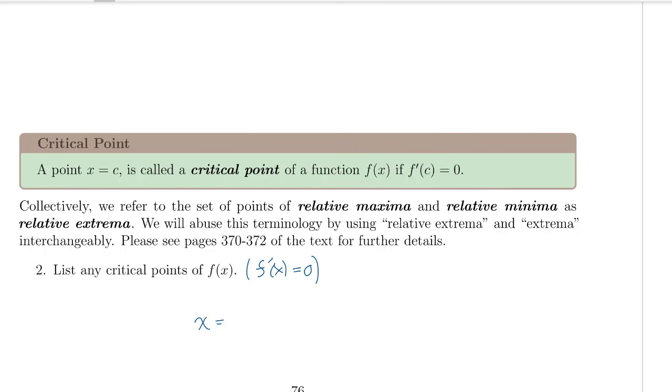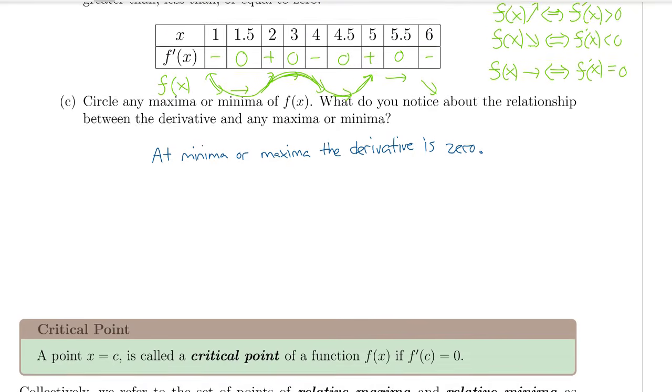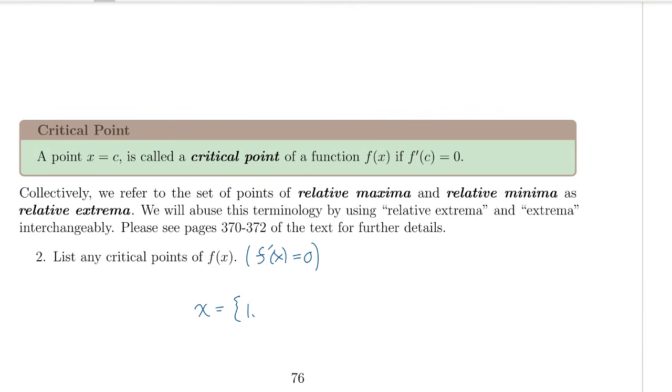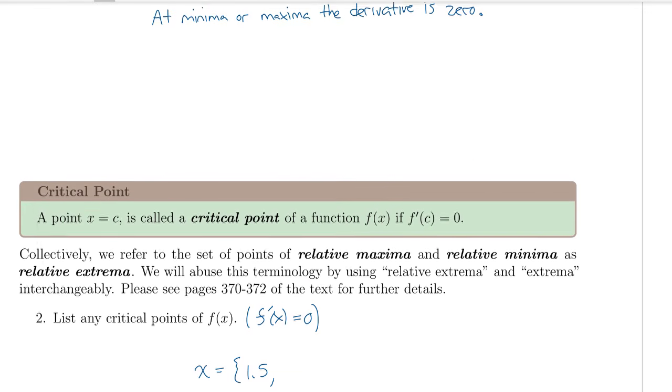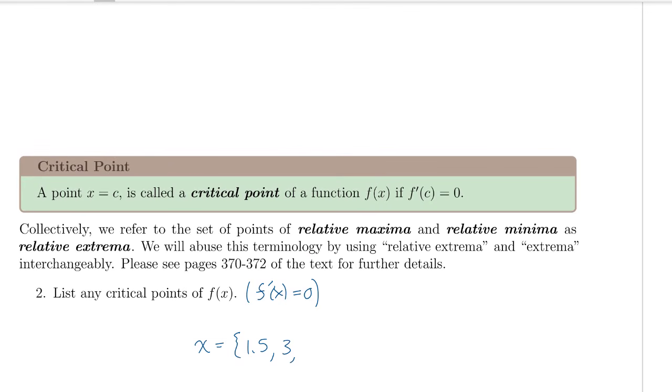That's a two-step process. You would take the derivative if you had the function, and then you would set it equal to 0 and solve for x. This will just be a list of points, in this case, 1.5, 3, 4.5, and 5.5.